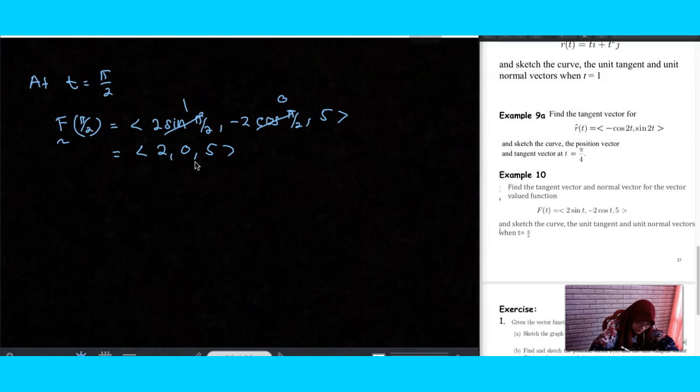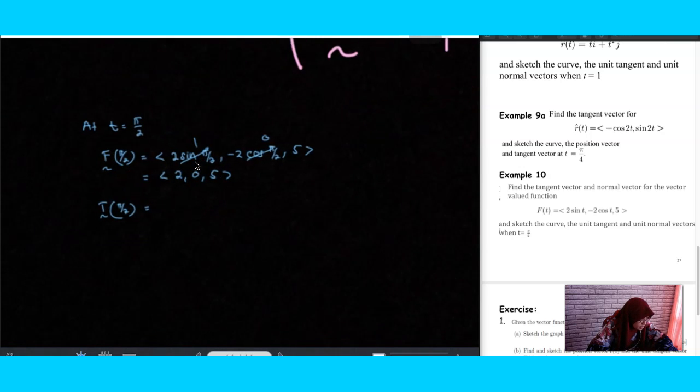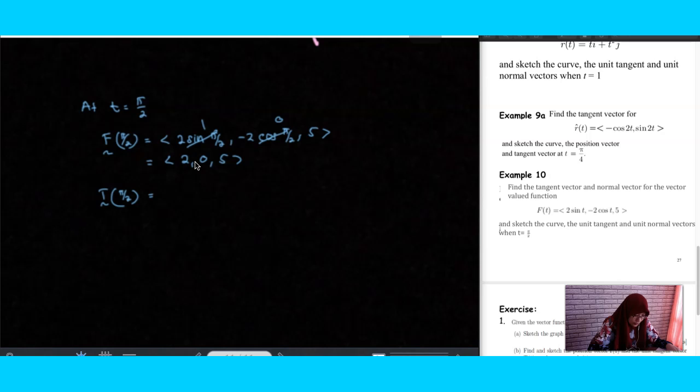Okay, so now your T, unit tangent, at pi over 2. So we substitute into the T that we obtained just now. So our T is cos pi over 2, sine pi over 2, 0. So we got cos pi over 2 is 0, this is 1.